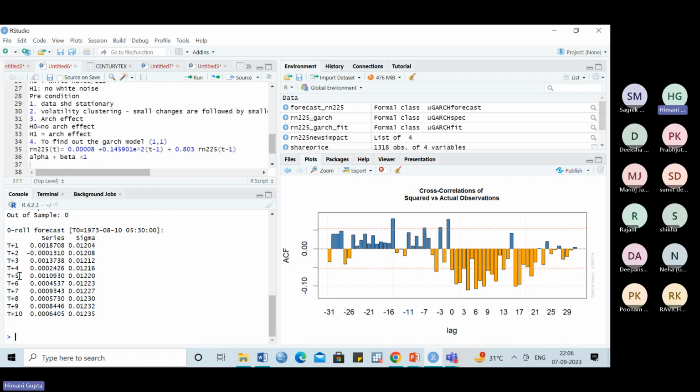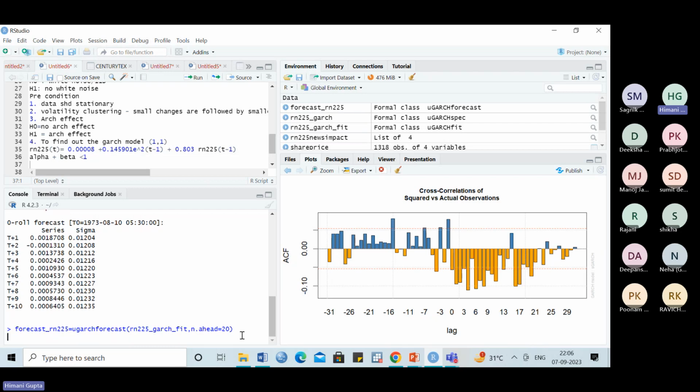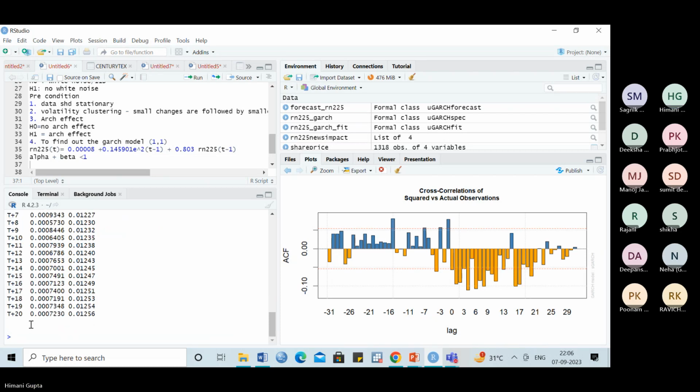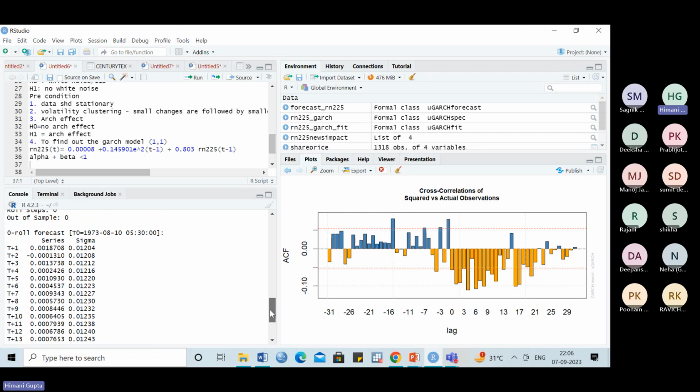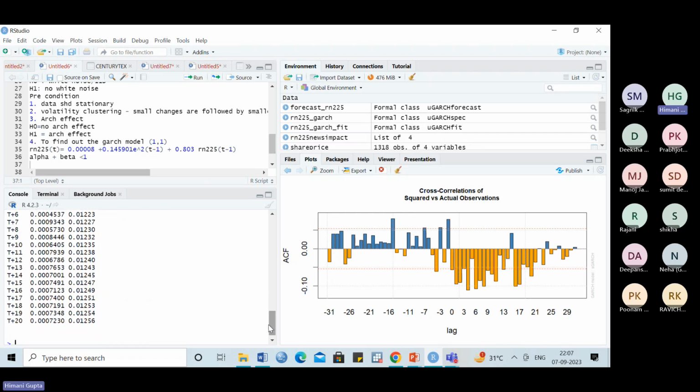See, it will give me only 10 values, future 10 values only. But if I write n dot ahead and again write forecast RN225, see, it will give me 20 values. So depending on what values you want, you can predict it.